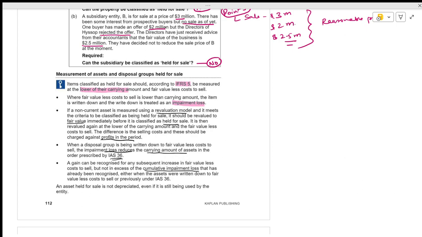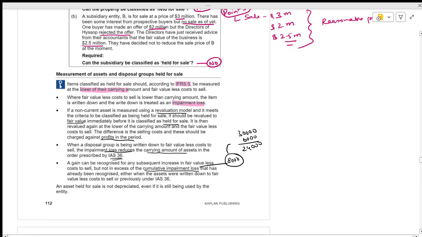We have done this somewhere with respect to that 8,000, right? We did it in one of the questions just now: 24,000, the valuation is 16,000, and the 8,000 is the impairment loss cumulatively recognized when the asset was written down to fair value less cost to sell.